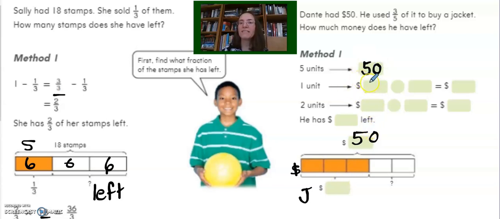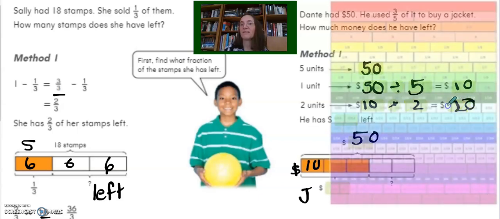And 50 divided by 10 equals, oh gosh, you guys, I'm sorry, it's actually divided by 5 because we're putting it into these 5 boxes. And you already know that it's 10. And now if I want to know what 2 units are, I would do 10 times 2. And that would give me 20. So he has $20 left.